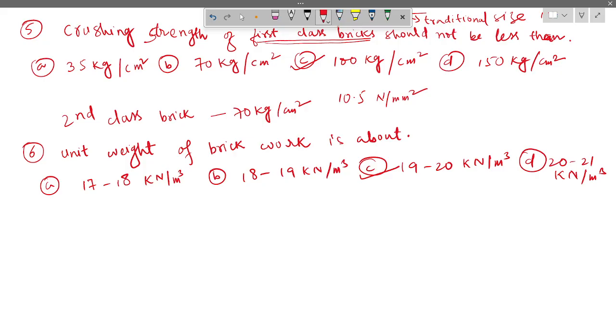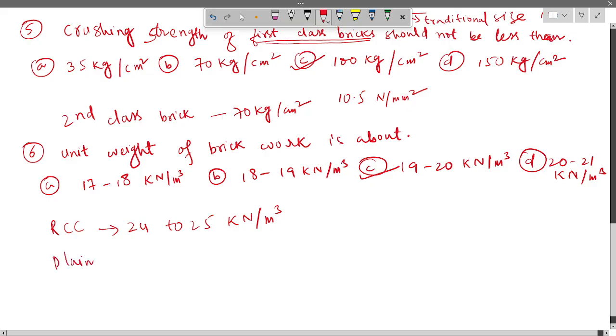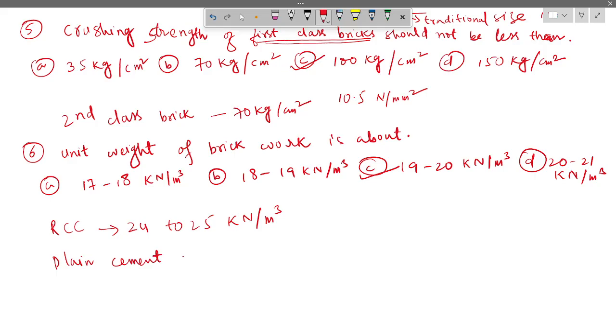For RCC, how much? Reinforced cement concrete unit weight of RCC, how much? It is 24 to 25 kilonewton per meter cube. For plain cement concrete, it will be 22 to 24 kilonewton per meter cube.